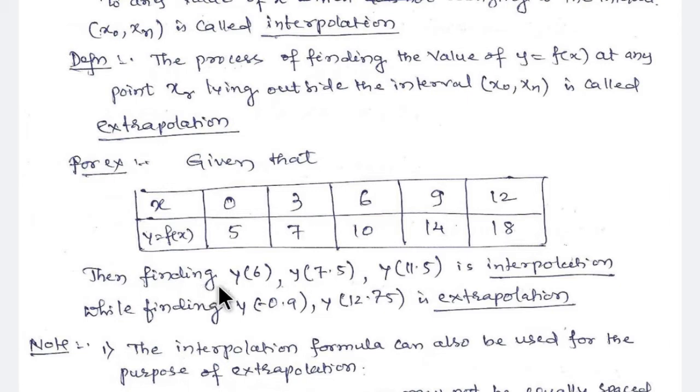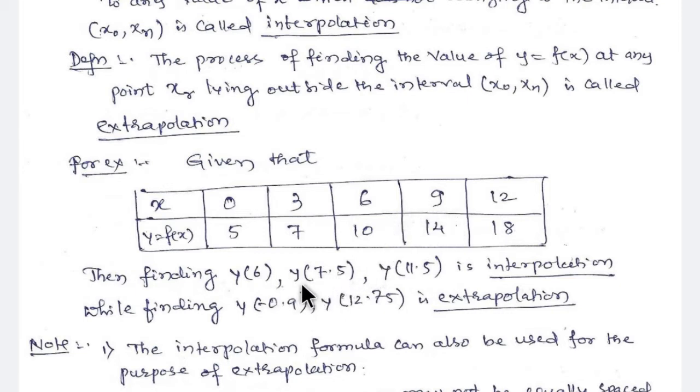Then finding y at x equal to 6, that is f of 6, and y of 7.5. Already here you know 6 gives 10, but 7.5 does not lie in this table.